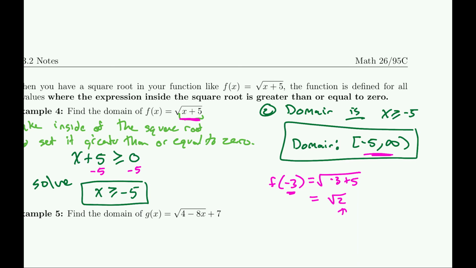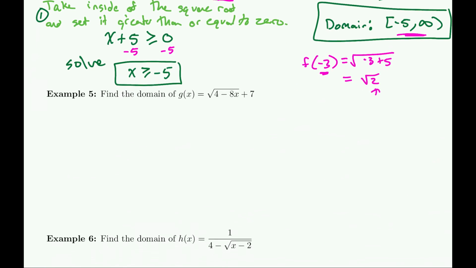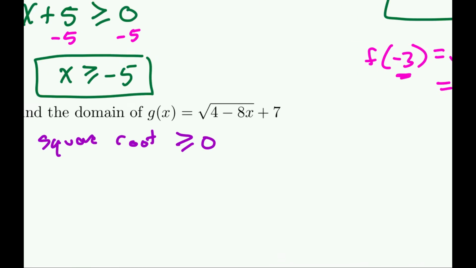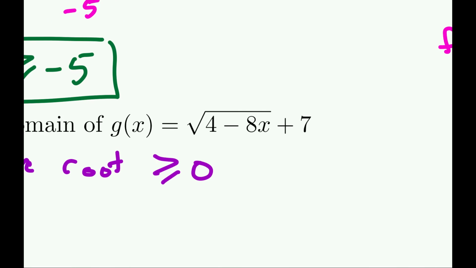And really, you just do the other problems this way as well. So like on this one, the inside of the square root needs to be greater than or equal to 0. Now, the key here, the reason I put this one on the list, is that you have to pay attention to what's in the square root and what's not. This is all inside the square root.